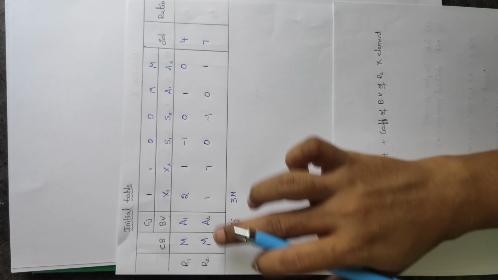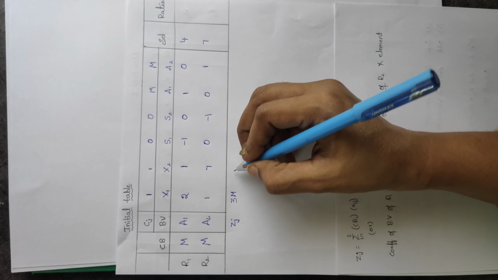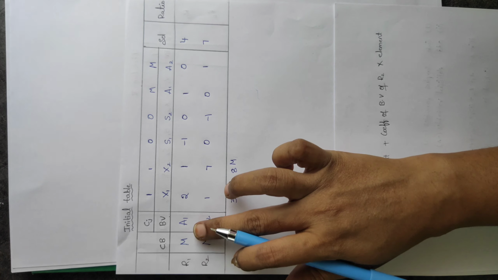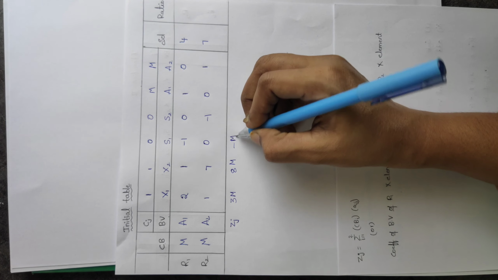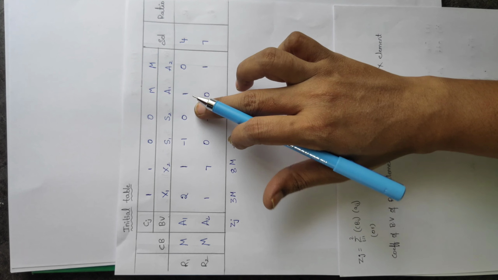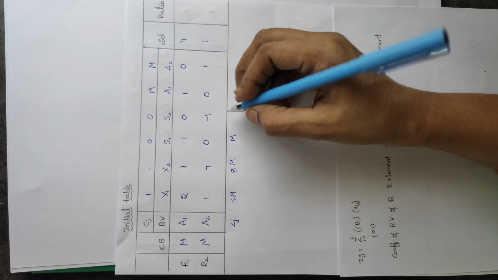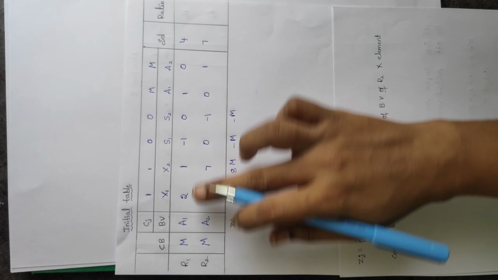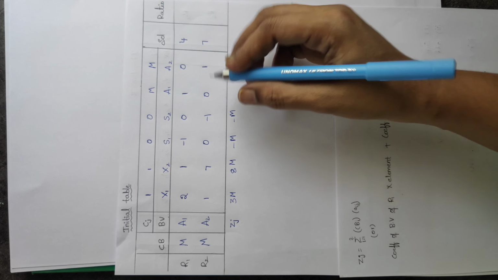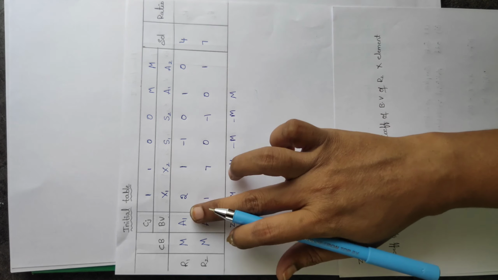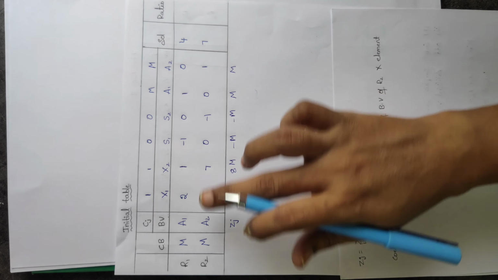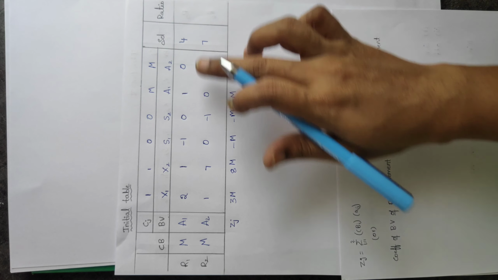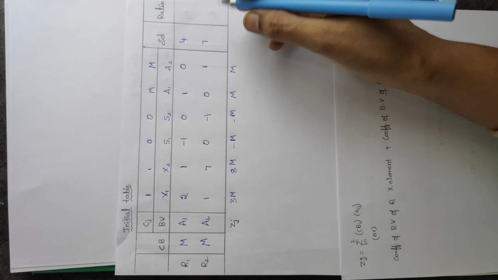M into 1 plus M into 7, 8M. M into -1 plus M into 0, minus M. M into 0 plus M into -1, minus M. M into 1 plus M into 0, M. M into 0 plus M into 1, M. M into 4 plus M into 7, 11M.